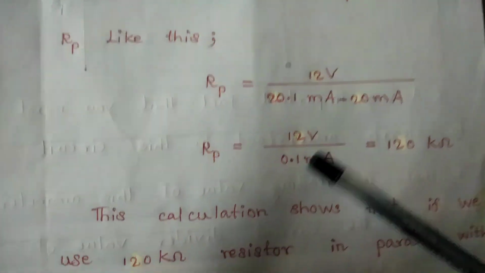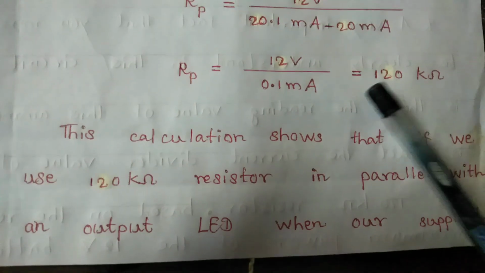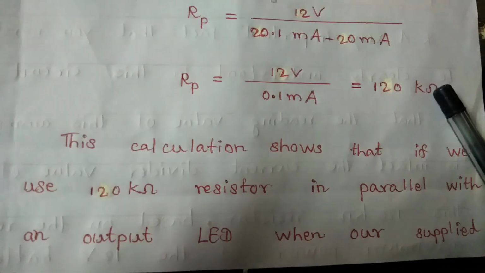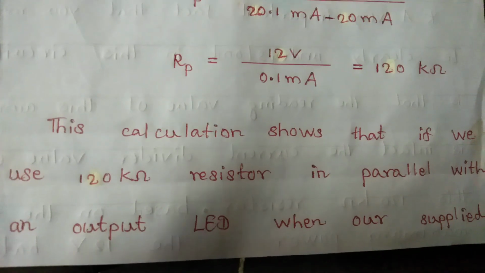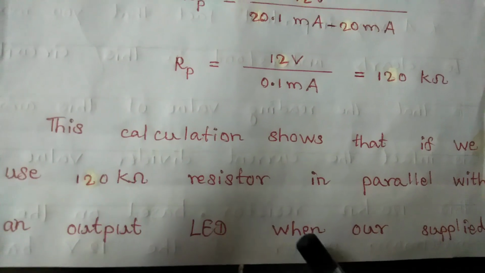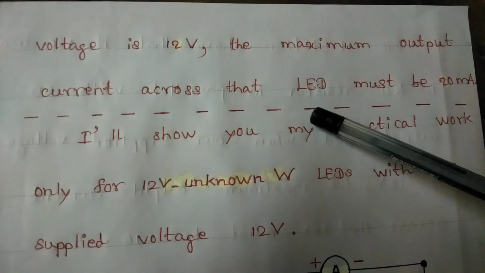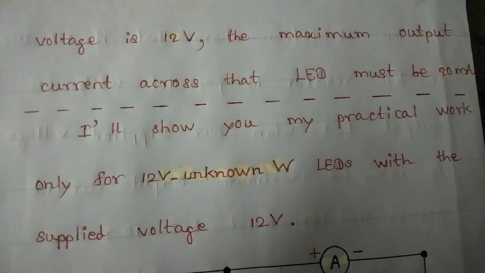So RP is equal to 12 volts divided by 0.1 milliamp, equal to 120 kilo-ohm. This calculation shows that if we use a 120 kilo-ohm resistor in parallel with an output LED, when our supply voltage is 12 volt, the maximum output current across that LED must be 20 milliamp.